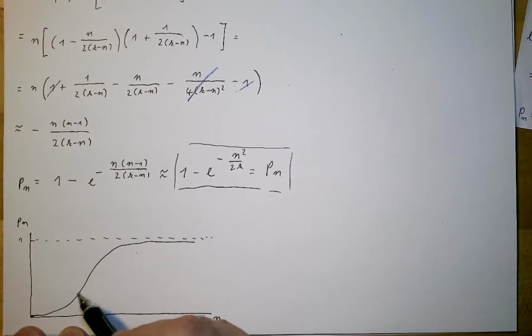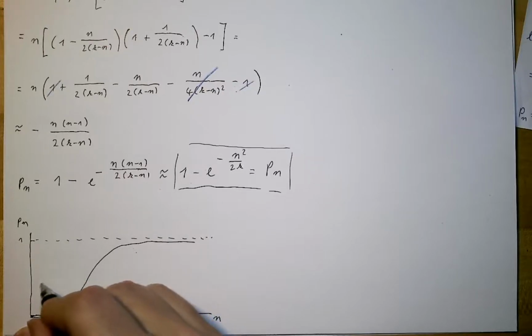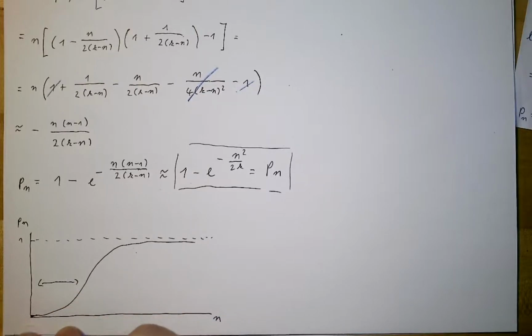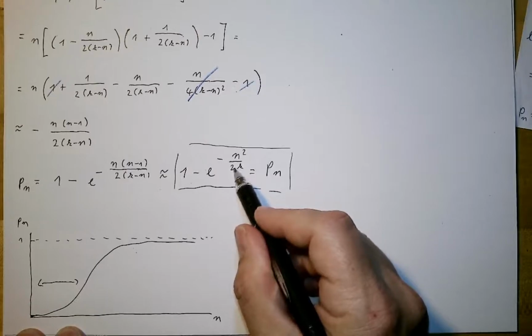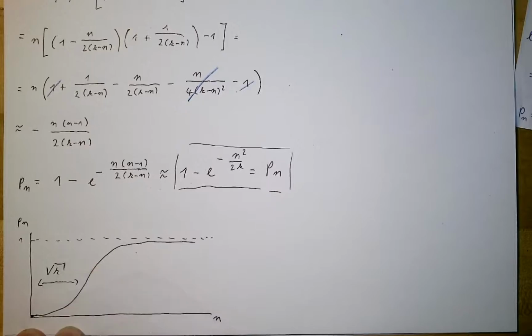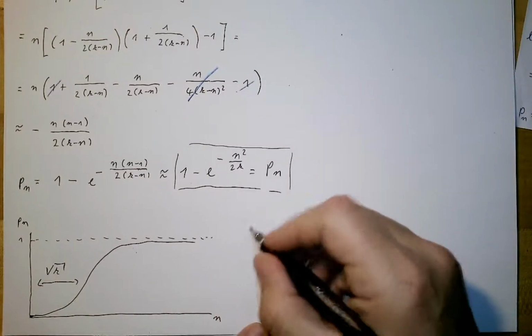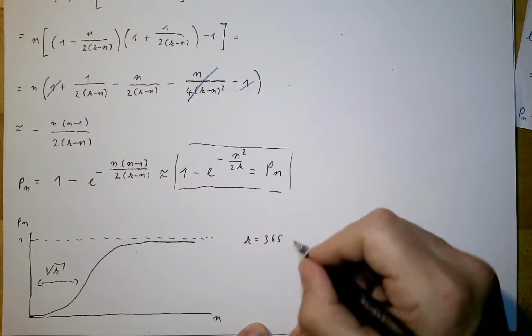And what's the standard deviation of the Gaussian? That's the typical width of a Gaussian. That is this here. And this width, the standard deviation, goes with the square root of k. So now let's say k equals 365.